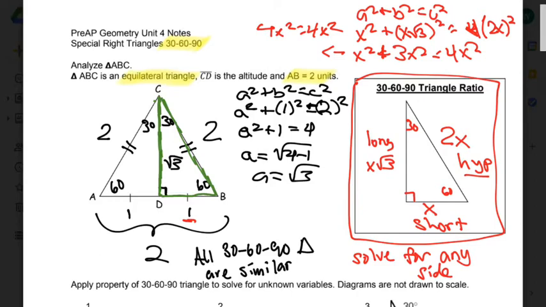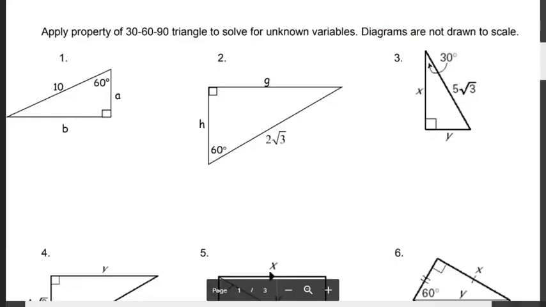So we're going to work a few problems out in a second. All right, so let's work a few problems out. One thing that I like doing is making a little chart with each of these. I know I have my 30, I have my 60, and I have my 90 degrees. What goes with my 30 is just x, because that's my short side.